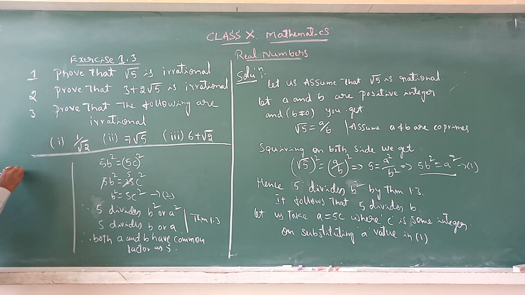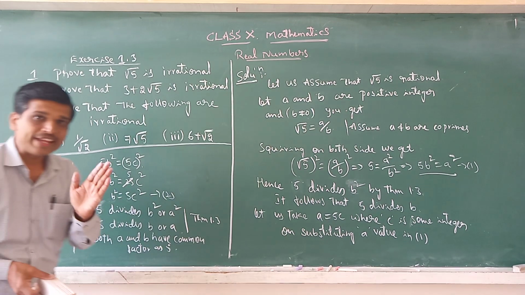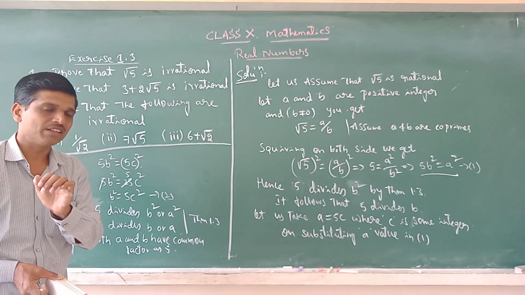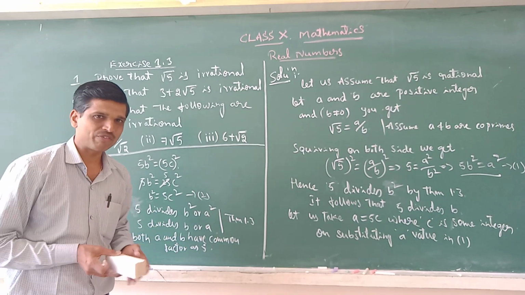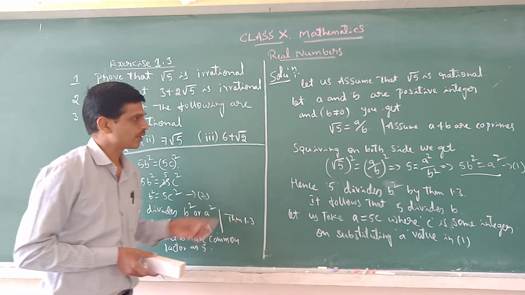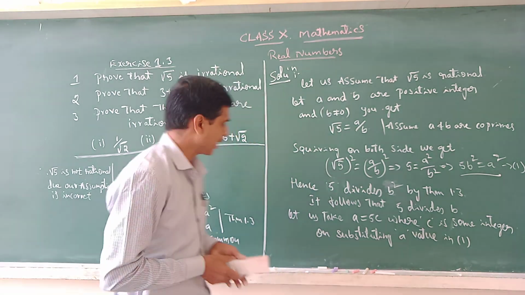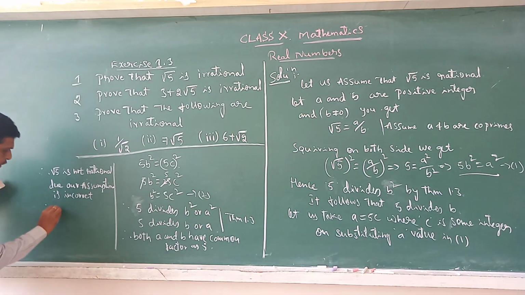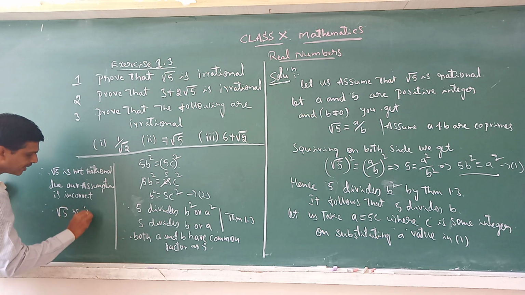Therefore, root 5 is not rational, because our assumption is incorrect. That is, a and b have a common factor. That is incorrect because a and b cannot have any common factor other than 1. So a and b are co-primes. So that is why root 5 is irrational.